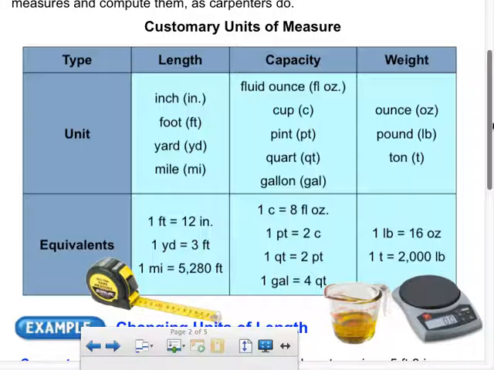And here are some for capacity. There's one I want to point out because this is what students have been messing up on all day. They confuse fluid ounce with ounce. They're not the same. Fluid ounce is talking about space, how much we're taking up. Capacity. The relationship between a fluid ounce and a cup is 8 fluid ounces equal 1 cup.